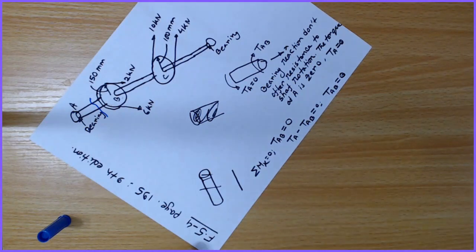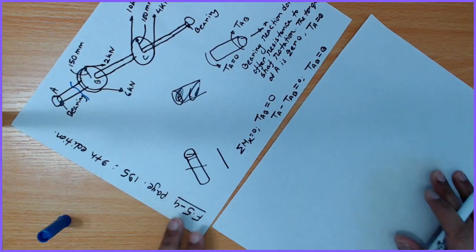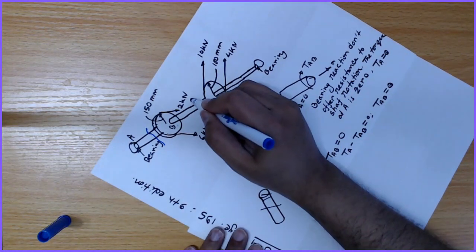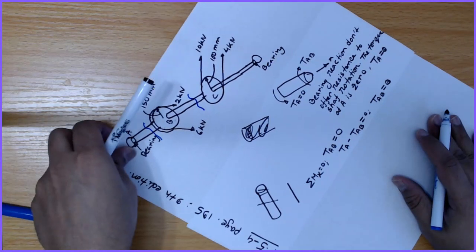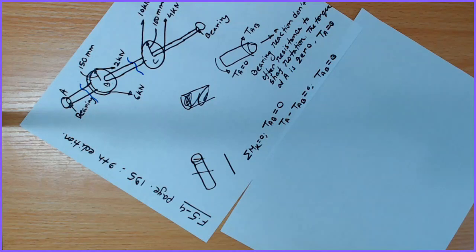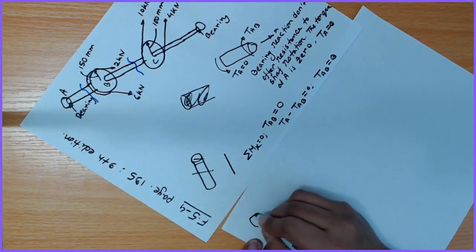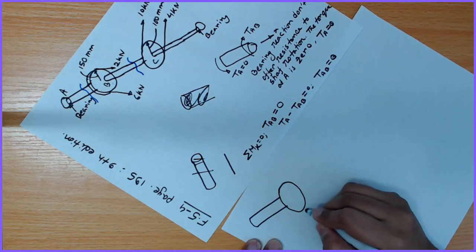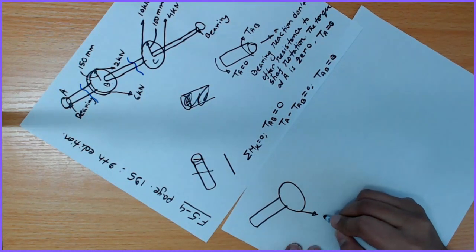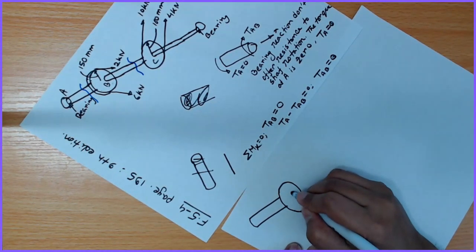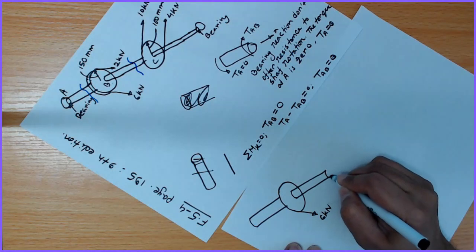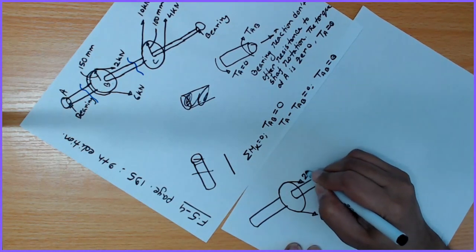Now this time let's cut the piece here. If I cut it here and draw this, this is 6 kilonewton, this is 2 kilonewton.